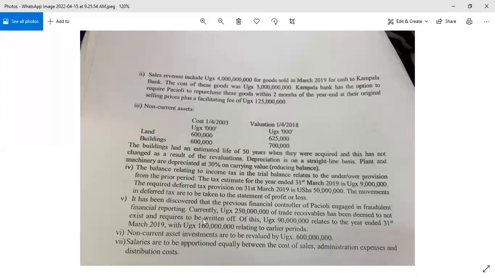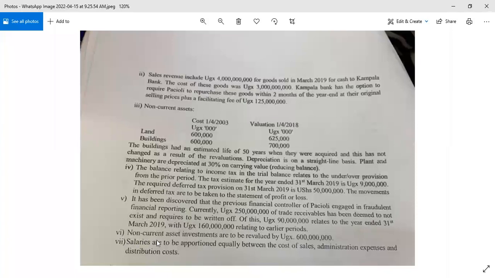You only recognize the expense that belongs to the period, which is 90 million. Then for the balance, you go under retained earnings, under the statement of changes in equity, and reduce it by the 160 and remove it from there. So that's the treatment, but let's not go into it for now, since we haven't covered the standard. Let's go to note 6.